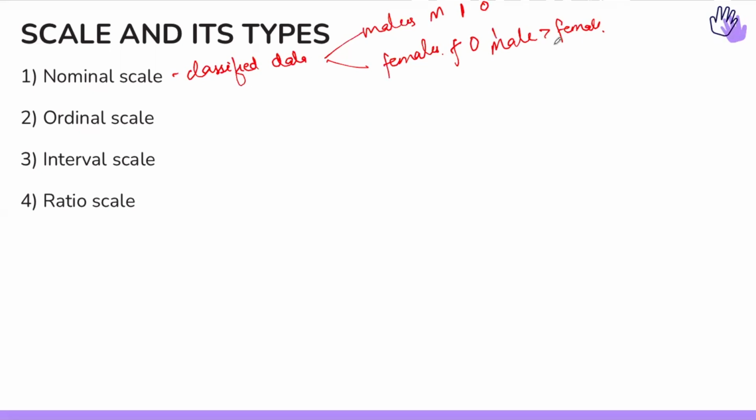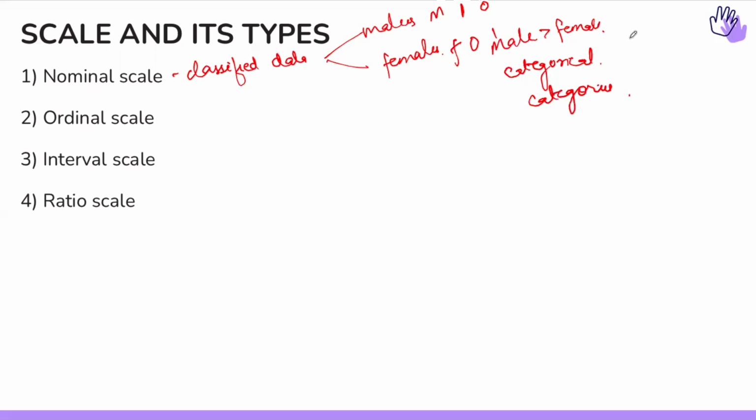These are also known as the categorical scale. Why? Because these are scales with values in terms of categories, because here categories are involved rather than numbers.